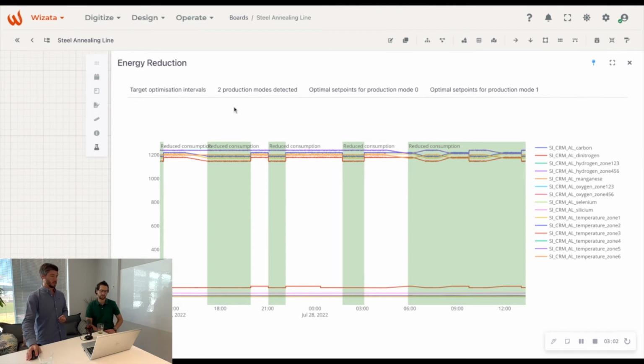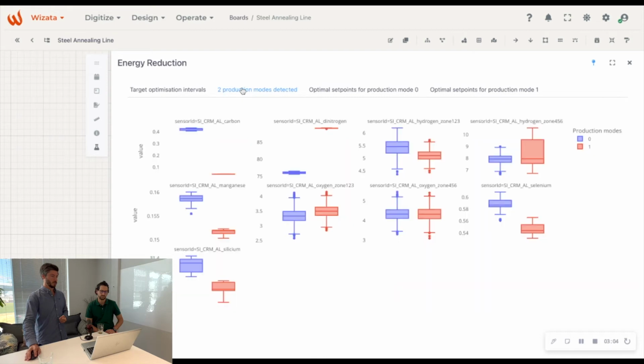So it detected here two production modes, and the result is explained here. For each sensor or each data point that is used for context, you have chemical composition in carbon, nitrogen and hydrogen levels in the annealing furnace, so inside the air of the furnace, and so on.